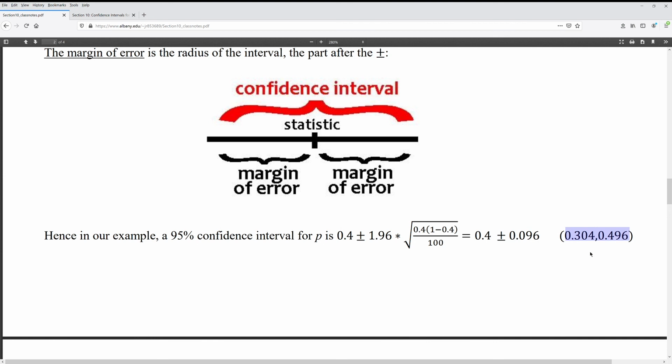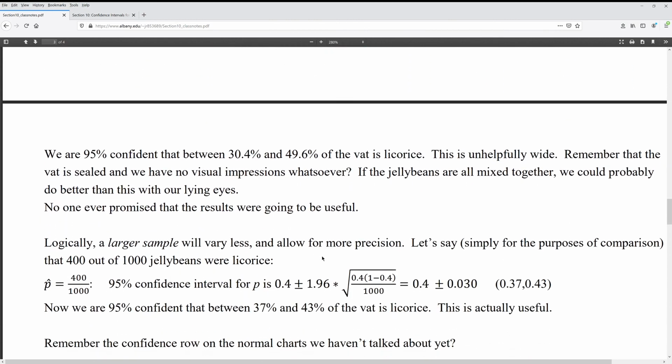So if the walls you generate do not contain the truth, it's because you're dealing with one of the 5% outlying samples. 2.5 lowest you could have gotten, in which case the truth is really over here, or 2.5 highest you could have gotten, in which case you're overestimating the whole thing and the truth is really over here. But again, put those last two things together. There's only a 5% chance you were going to get a sample that would result in walls that did not contain the truth. Okay? Various ways of saying this.